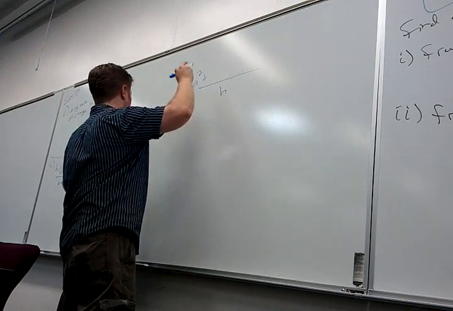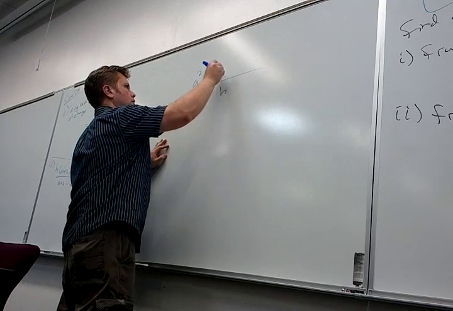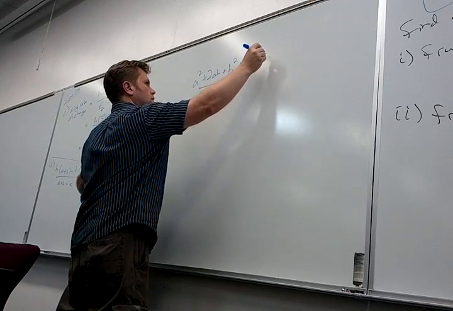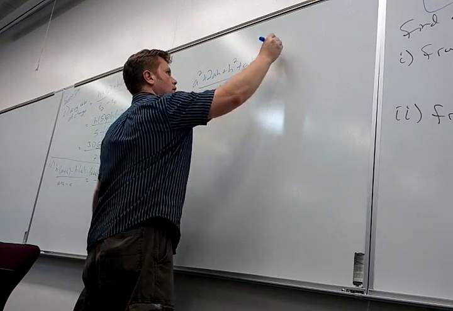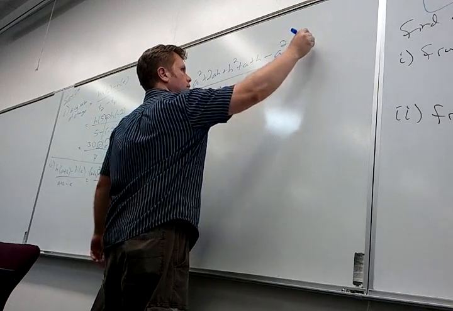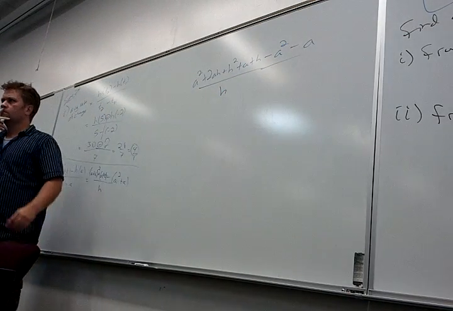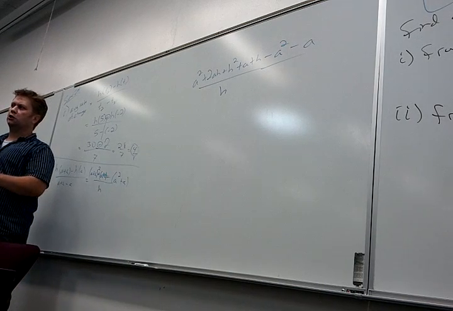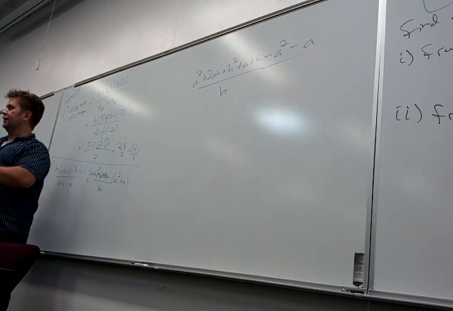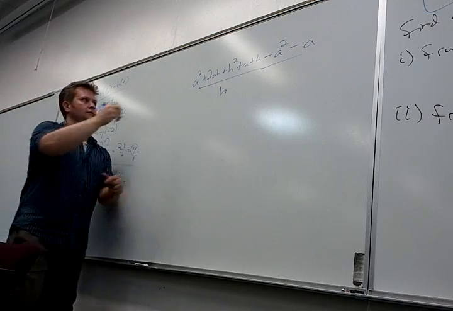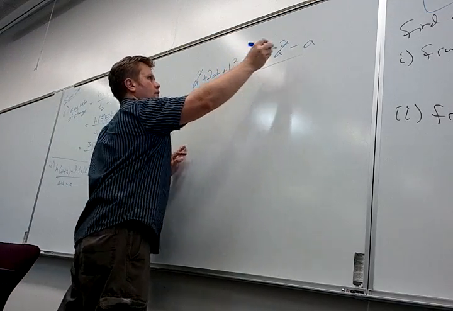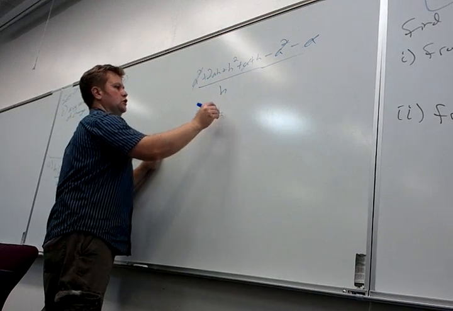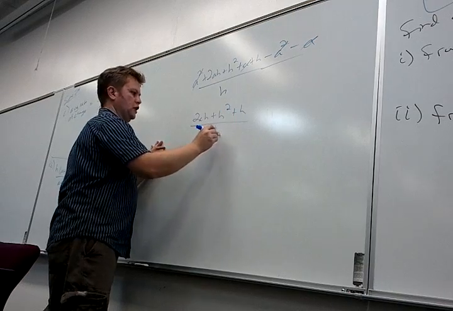A squared plus 2ah plus h squared plus a plus h minus a squared minus a. Notice something very interesting. I can't divide everything by h, but what happens to everything that doesn't have an h in it? They cancel. So up here I get 2ah plus h squared plus h over h.